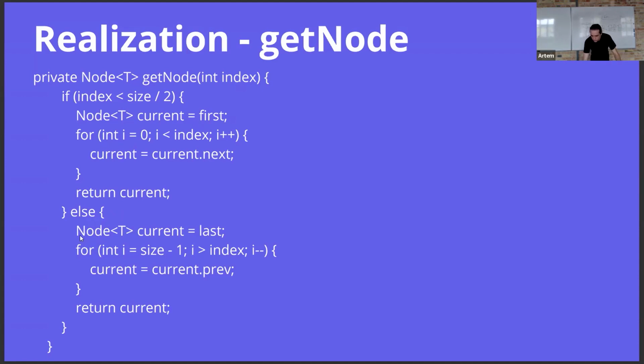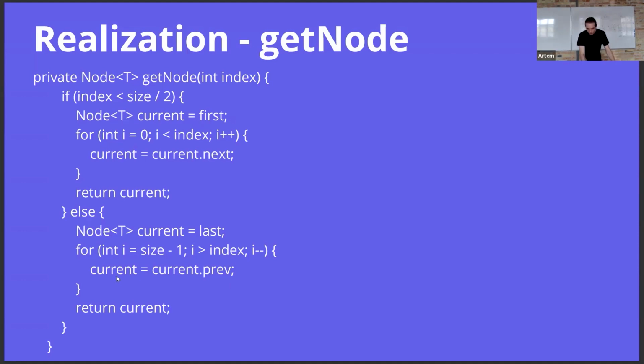So we create a reference, our current node, to the last element. We temporarily create a current variable, and right now we store a reference to the last element. And then we start a loop. We start from the last element, and we decrease our i with every iteration.